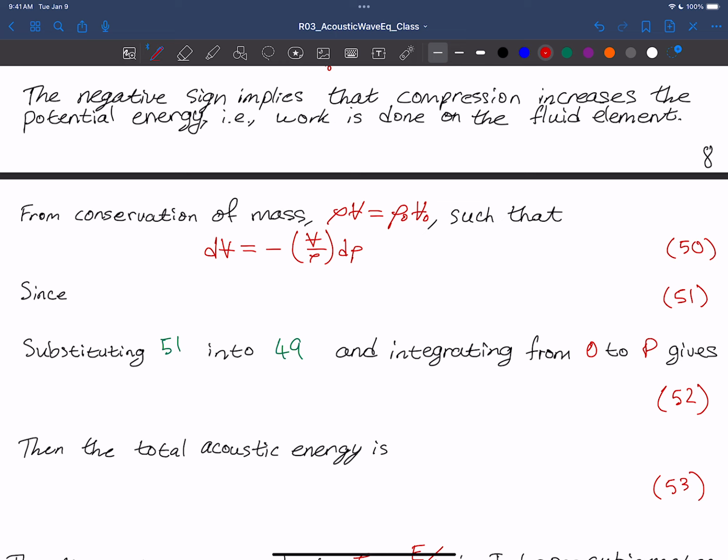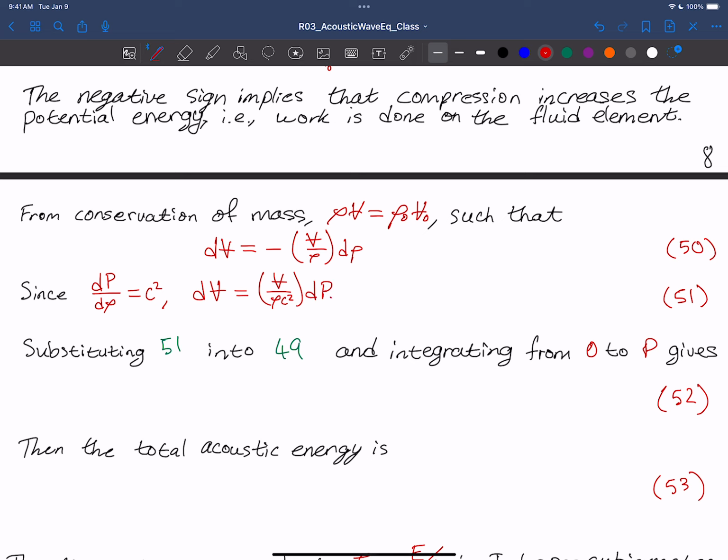Okay, and since dP over d rho is equal to c squared, we can find that dV is then equal to minus the quantity V over rho c squared, and that quantity then multiplied by dP.